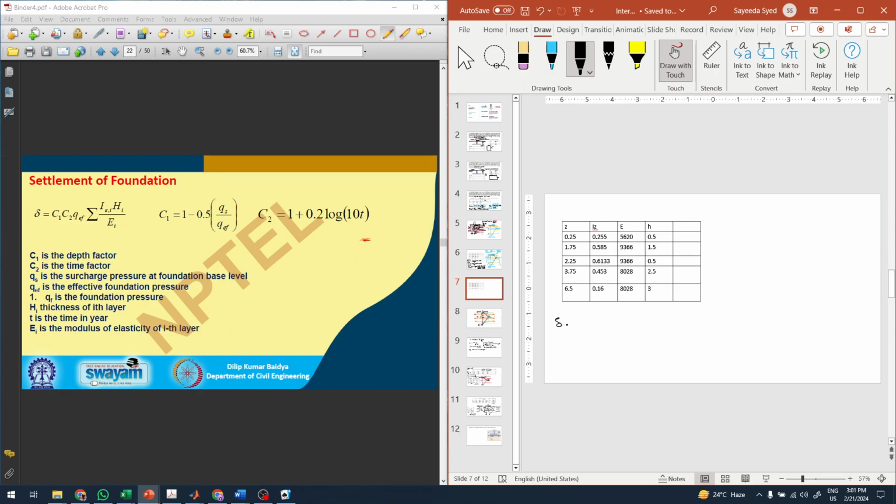So our delta will be equivalent to C1, C2, q effective, summation of I H over E, where our C1 equals 1 minus 0.5 qs by q effective, and C2 equals 1 plus 0.2 log of 10t.